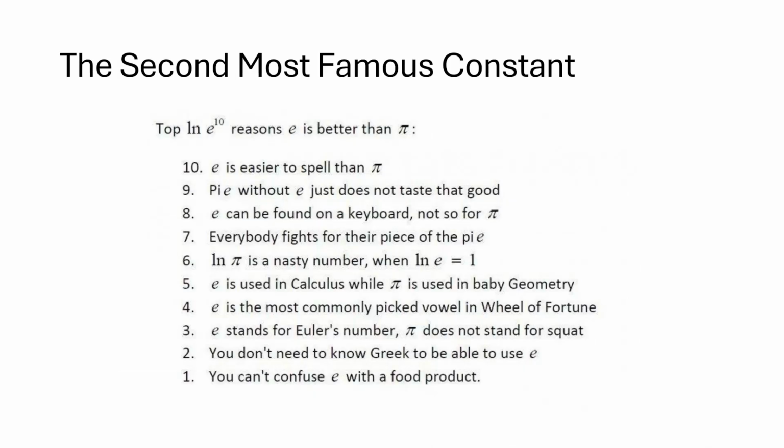So, as I said, E is definitely below pi in terms of popularity, but after pi, E is arguably the second most famous mathematical constant, which is good because you first learn about E probably in algebra 2, at least in the U.S., or pre-calculus.